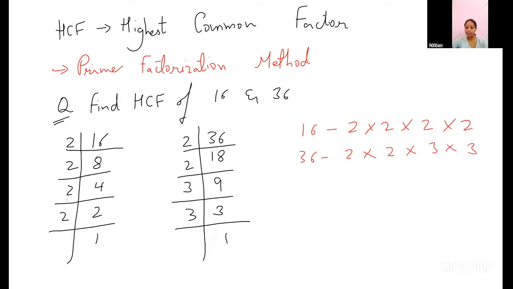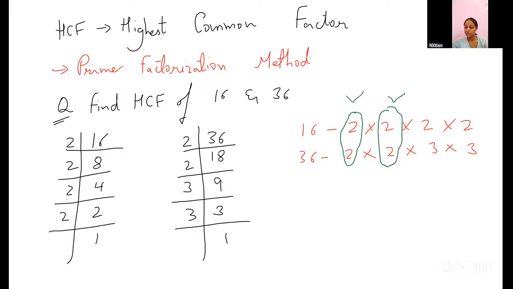Now I have to find out the HCF, the highest common factor, and right now we are using the prime factorization method. First we do the prime factorization. Second, we write down all the factors. Third step is I will make pairs of the factors coming in both numbers. 1 2 and 2 is here, another 2 and 2 is here.